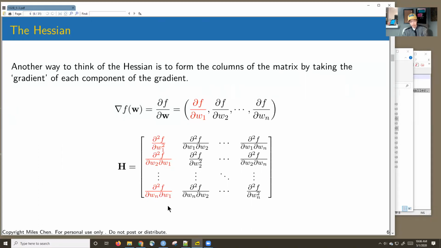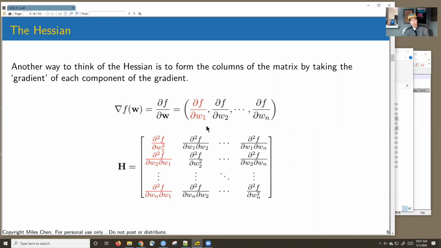A couple of properties: the Hessian matrix is symmetric. At least I should qualify that: in most circumstances, where the second derivative is continuous and exists, the order in which you differentiate doesn't matter, and so this will be a symmetric matrix.